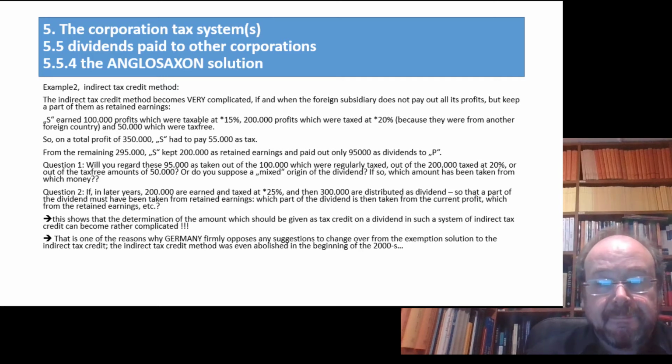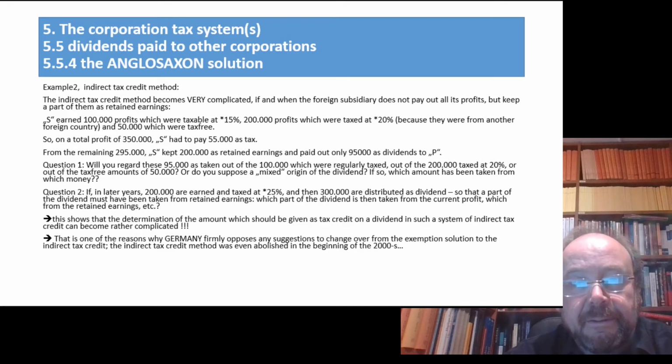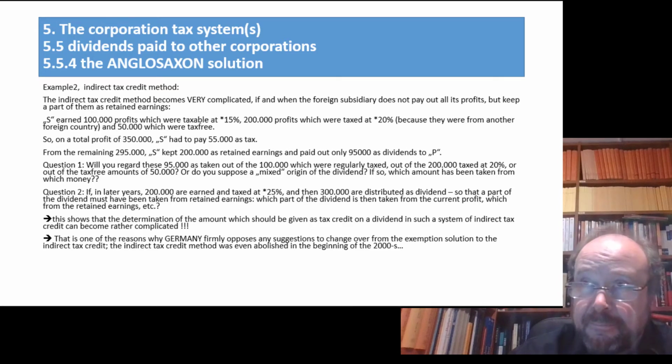Yeah. So let's first sum that up. We have 2 possibilities. You can say the dividends are tax-free in the hands of the parent company, 8B1.